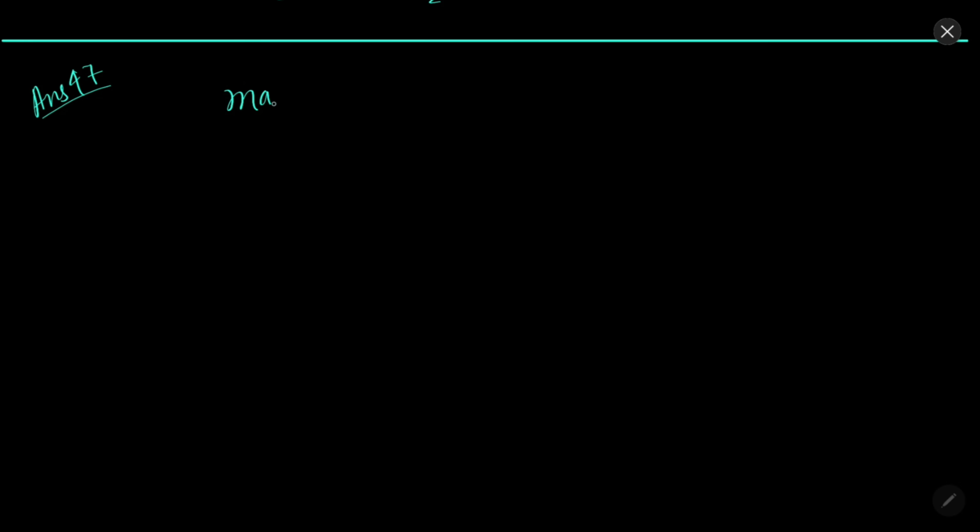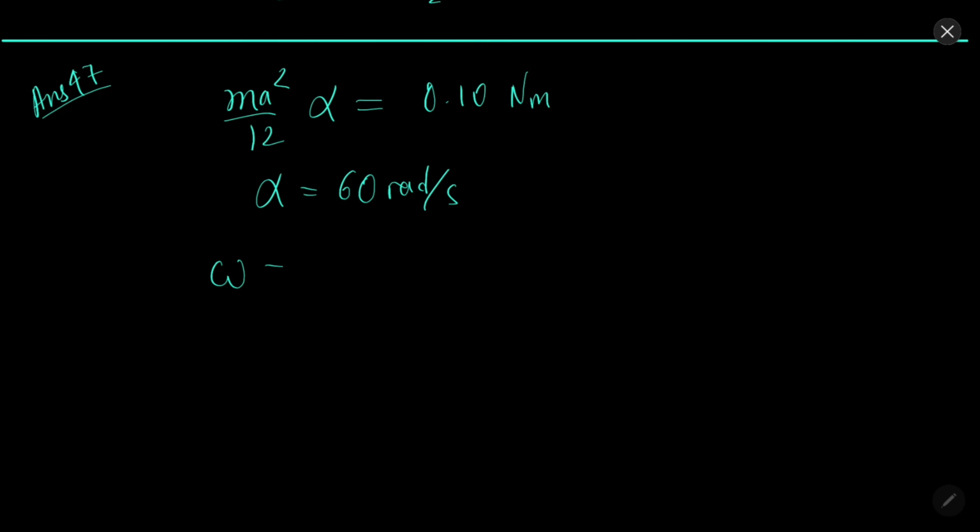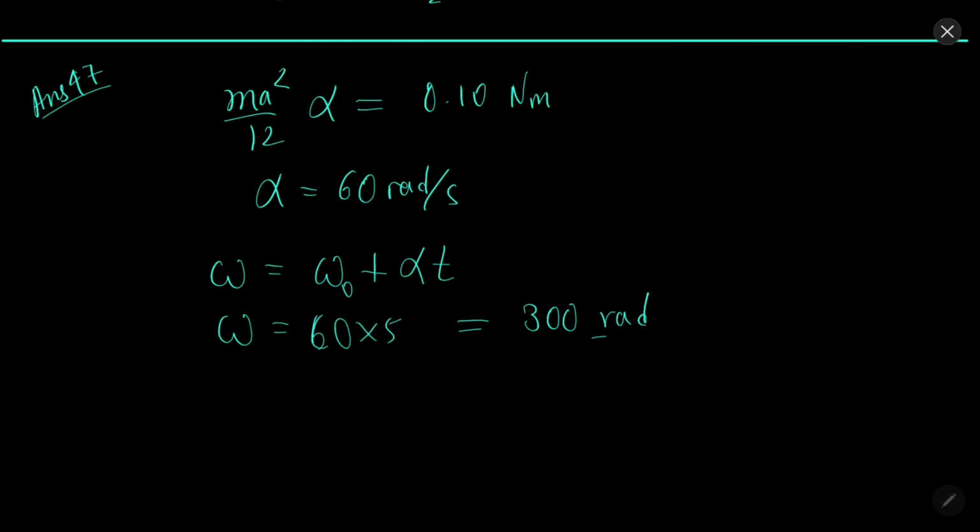Now ma square by 12 into alpha is the torque, which is 0.10 Newton meter. So alpha will be 60 radian per second square. Omega will be omega naught plus alpha t, which is 60 into 5 second, that is 300 radian per second.